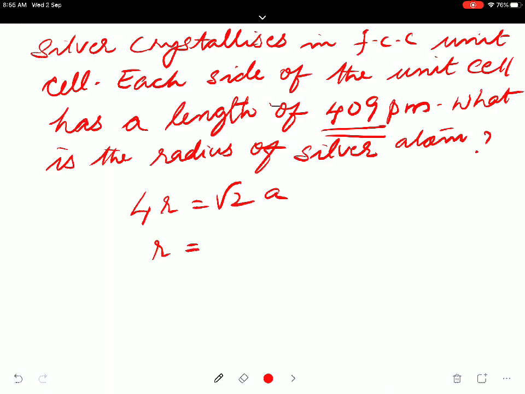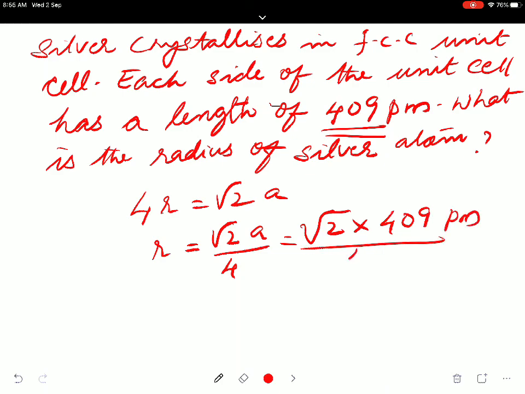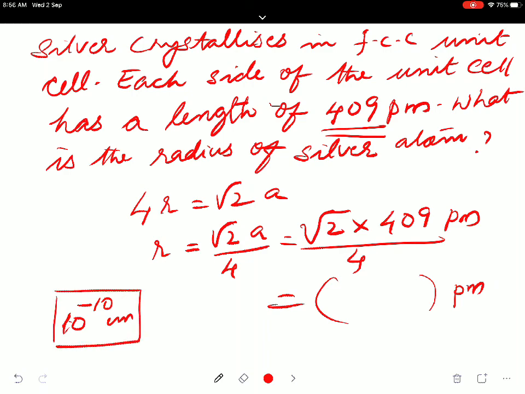Radius is equal to root 2A upon 4. So root 2 into A, that is 409 picometer upon this 4. So you can give the answer in picometer, no problem. If you want to give the answer in centimeter, that is also possible. 1 picometer is equal to 10 to the power minus 12 meter, that is 10 to the power minus 10 centimeter.